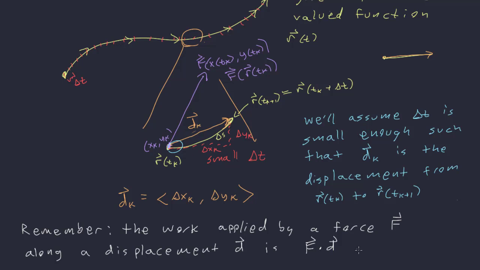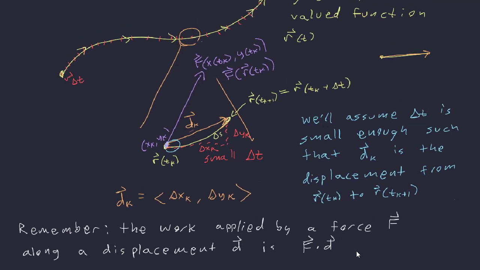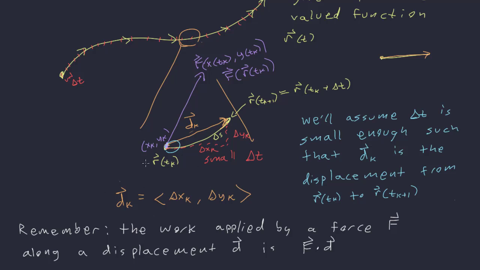So the work along this piece of the path, which we'll call W sub k, the work along d sub k, is F of x sub k, y sub k, dotted with d sub k.